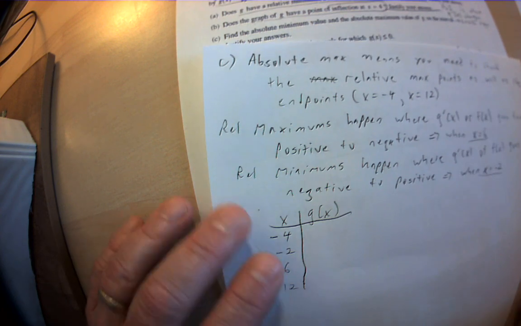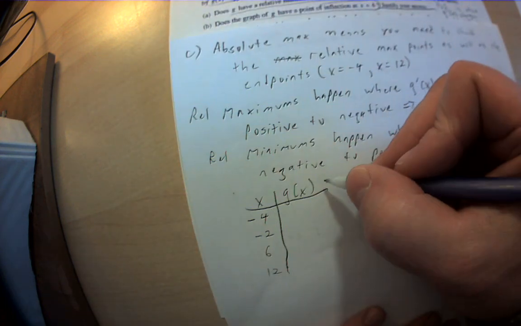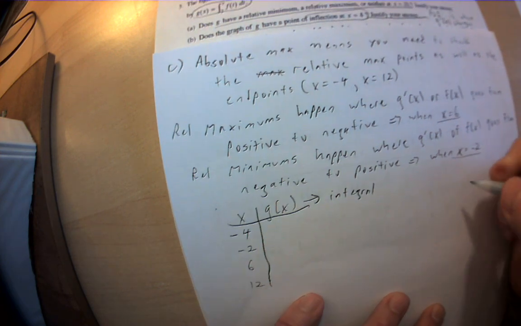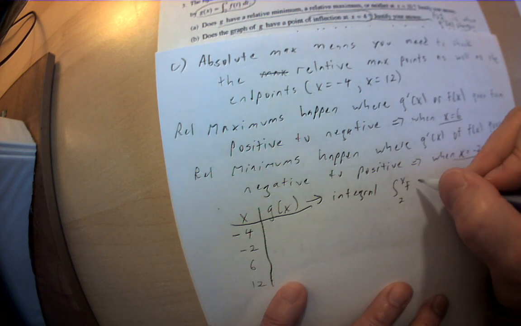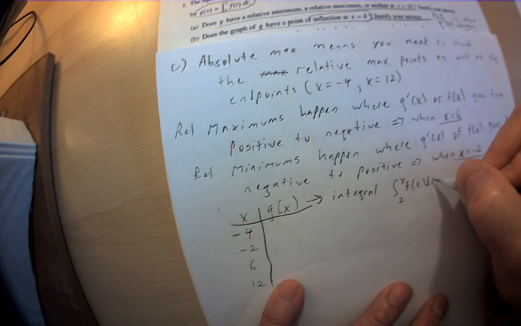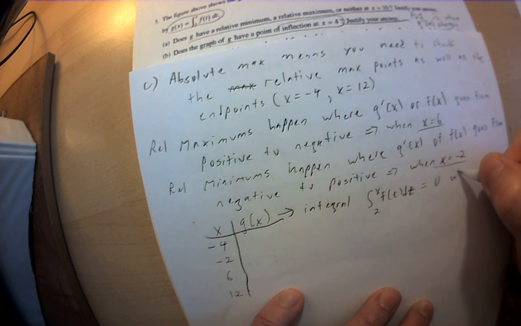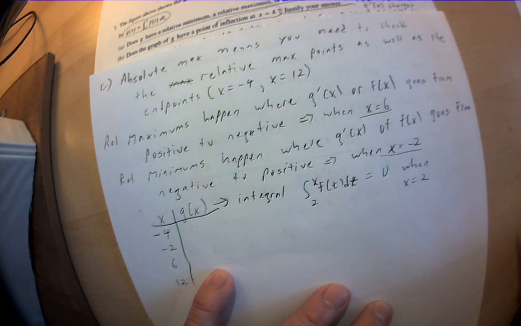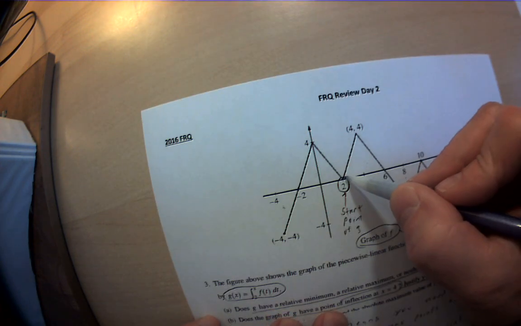Okay, so guys, G of X is the integral from 2 to x of f of t dt. So it equals 0 when x equals 2, because if I plug 2 in, the integral from 2 to 2 is nothing. So I'm starting at 0 here.